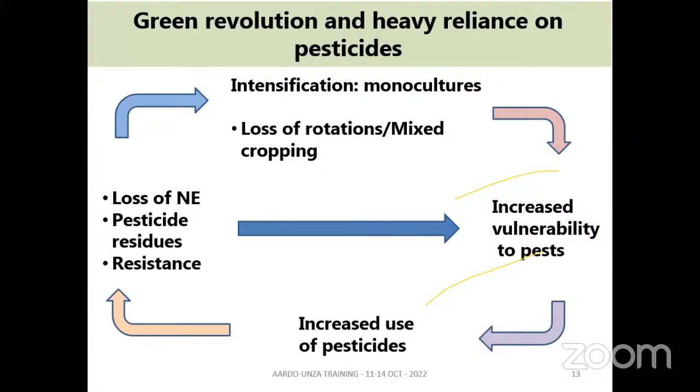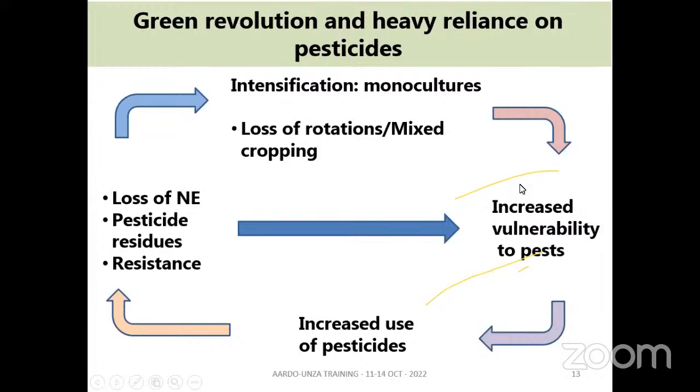Monoculture is simply where, unlike our great-great-grandparents who would mix crops in a given piece of land or have an intercrop, over time, because of this increasing demand for certain staples like rice in Asia, maize and cassava in some parts of Africa, you have people now clearing huge pieces of land, focusing only on one big crop. That's a monocrop. And so rotations have disappeared in most places. You no longer have mixed cropping, you no longer have intercropping.